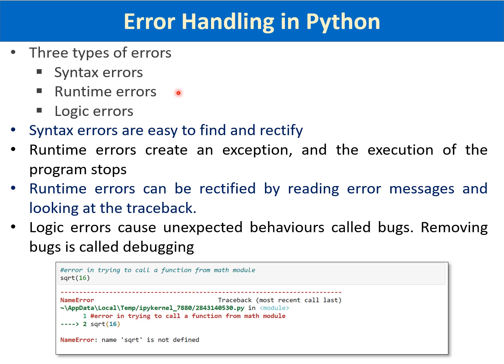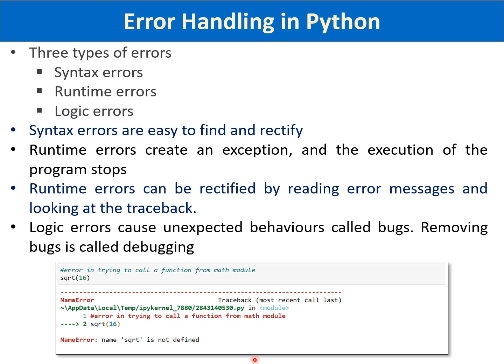And even if anyone commits a syntax error, it is very easy to identify where it is, and it is very easy to rectify. The runtime errors occur during the execution of the program, they throw an exception and the program comes to a halt, and an error message gets printed, which offers insight into what went wrong.